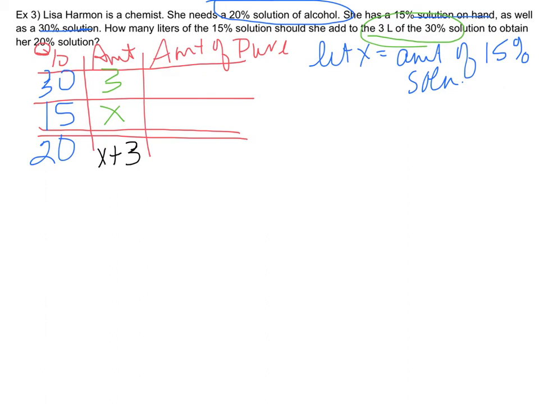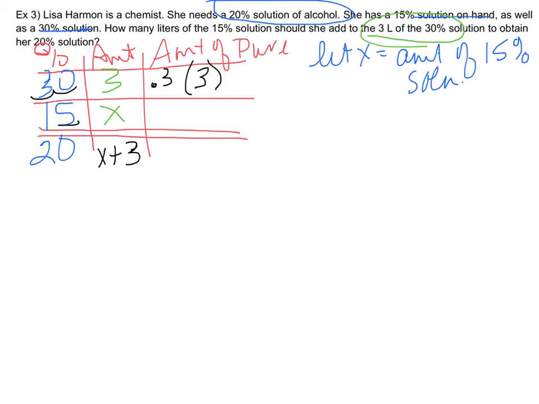The amount of pure tells me what percentage of pure I have. Because this is a 30% solution, you can change that to a decimal. So 30%, when you move the decimal twice, is the same thing as 0.3. So I have 0.3 times the 3 liters that we have.